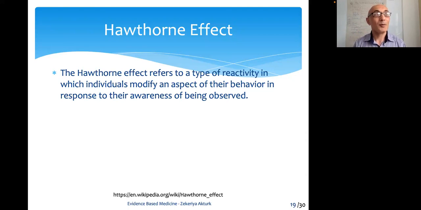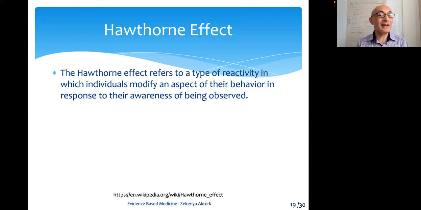So we include people in our studies, and we tell them that we are going to observe them, we are going to measure, we are going to follow them up. That will make some difference, isn't it? If there would be no information, that would not be ethical.